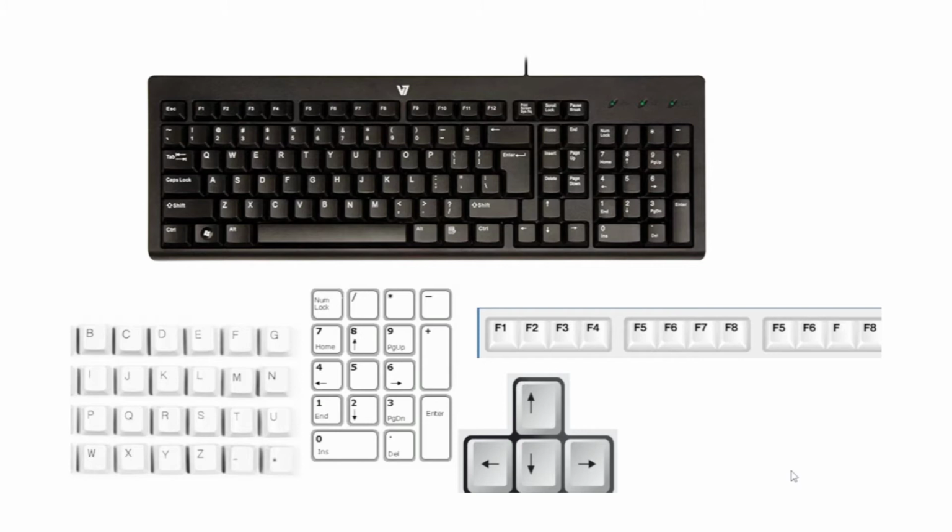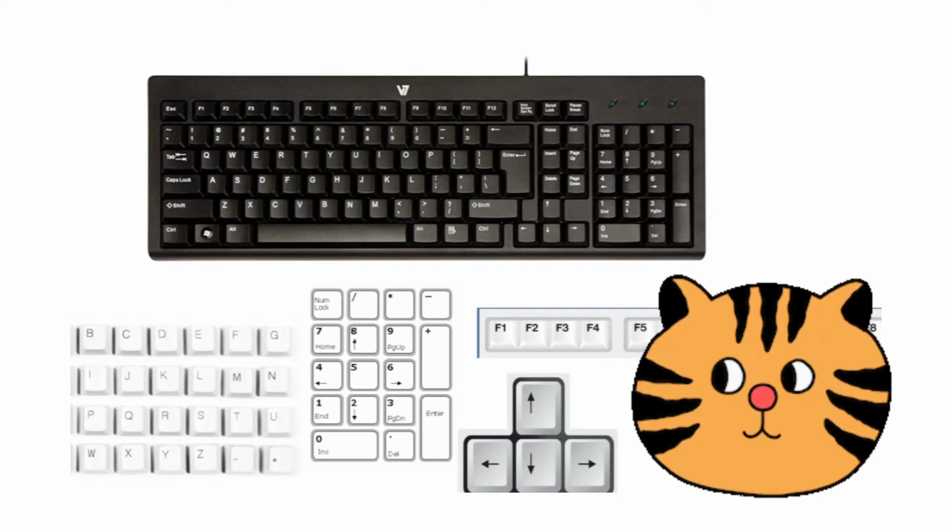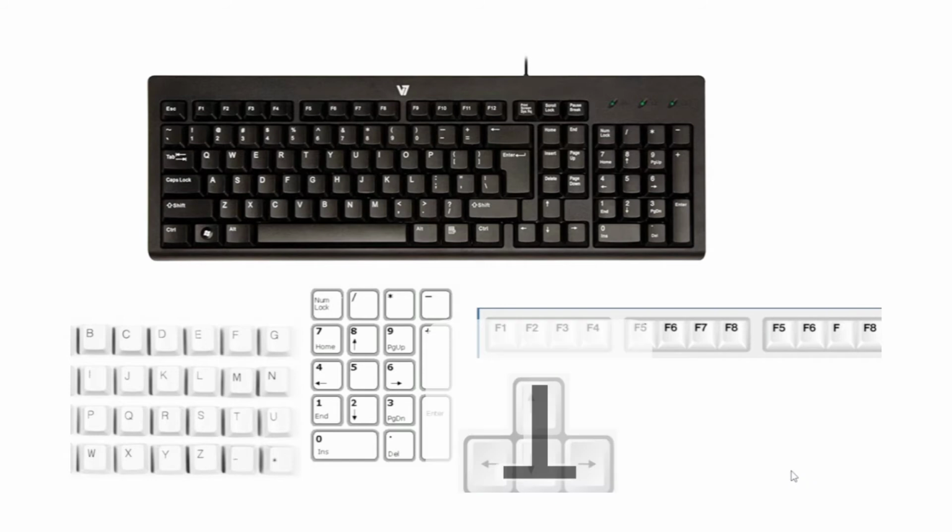Arrow keys are typically located at the bottom of the keyboard, to the left side of the numeric keypad, usually arranged in an inverted T. You can see on the screen, if these arrow keys were arranged properly, then they would look like a T. T for tiger. But on a keyboard, it is placed in inverted form.